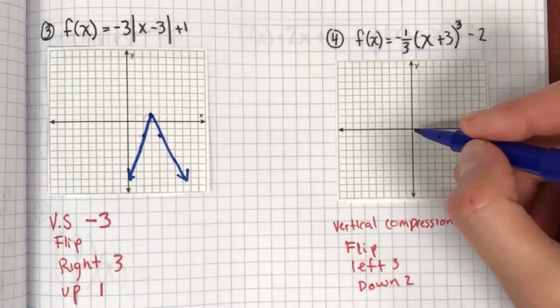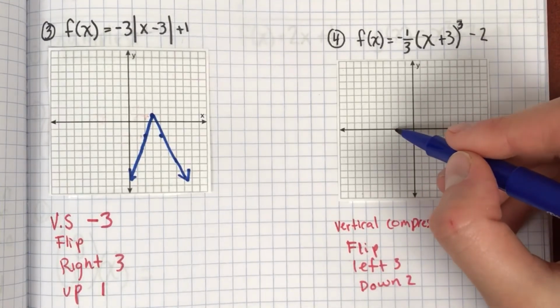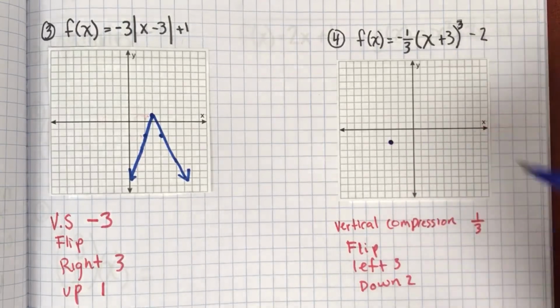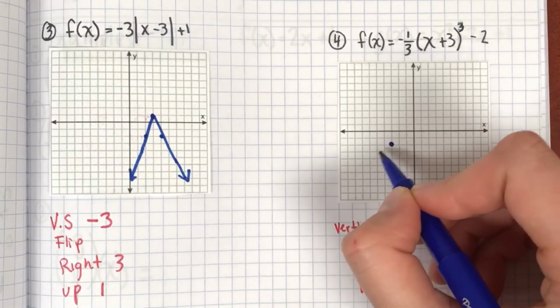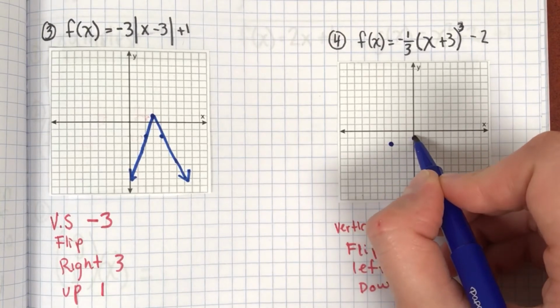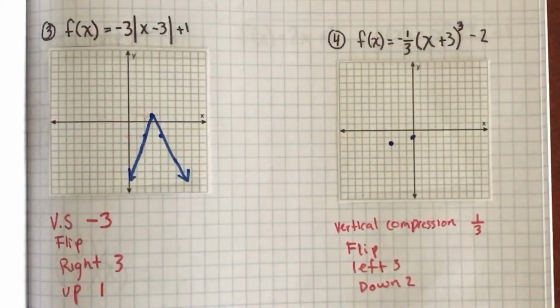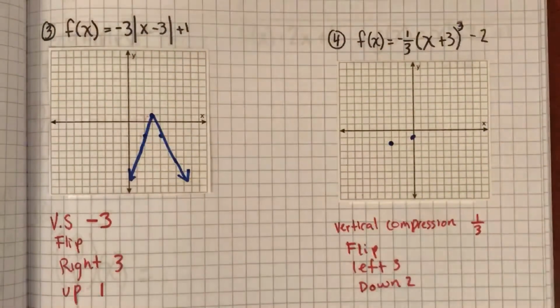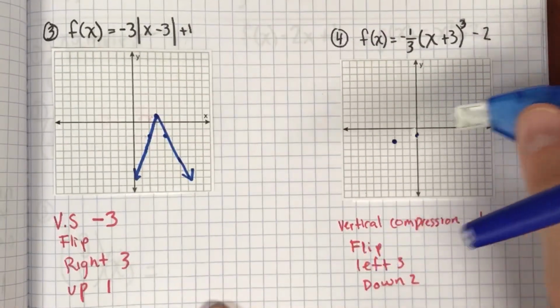So for this, we're going to move the center of our graph to -3, -2. And instead of going up 1 over 1, you know, to make our little S, we just actually go up 1 over 3. And this actually should be flipped because of that negative.